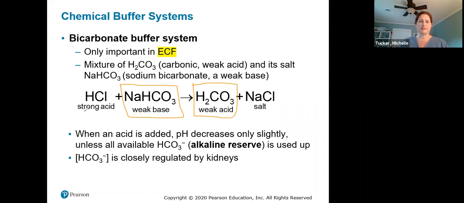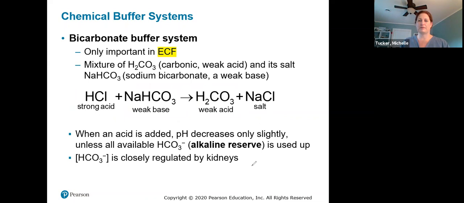If we were to increase the acid concentration, so in this solution, it's becoming more acidic, it will, what's called, drive the reaction to the right. So when we get a buildup of substrate, then it puts pressure on this reaction to go in this direction.